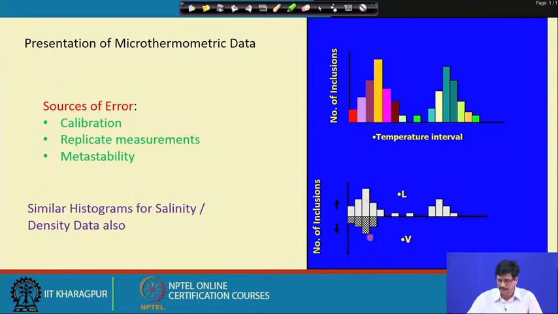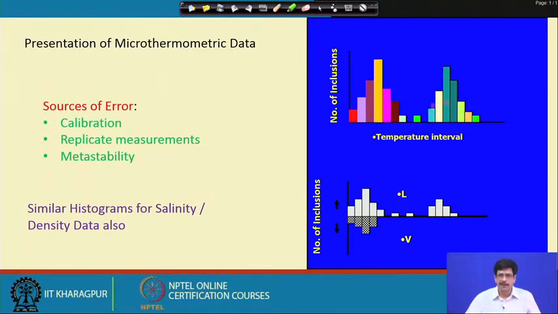In a very ideal condition, we could see that the frequency or the mode for occurrence of liquid phase homogenization also coincides with the vapor phase homogenization, and if we keep in mind that we have taken coeval liquid and vapor inclusions, then we go on to interpret an important physical process, for example, boiling in this case.